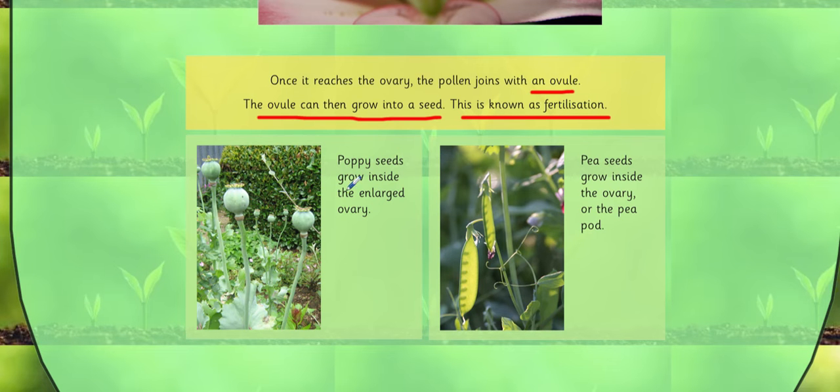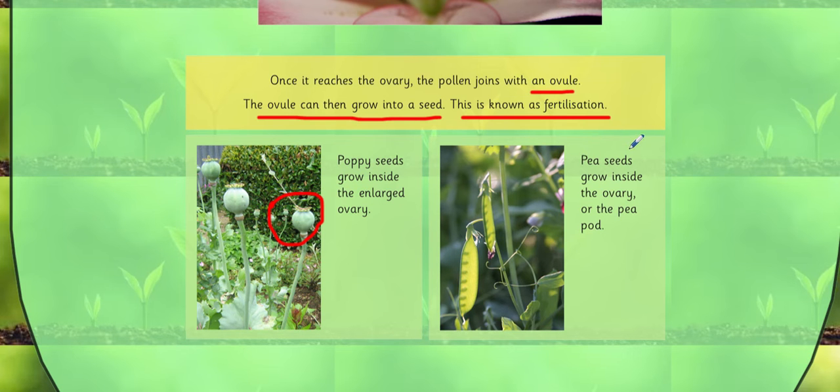Poppy seeds grow inside the enlarged ovary, so you can see here. Okay, so that would have been part of the poppy's flower. Then it obviously has been pollinated, fertilised, and then we've got seeds in here. Okay, and then that will burst open and then the seeds will spread.